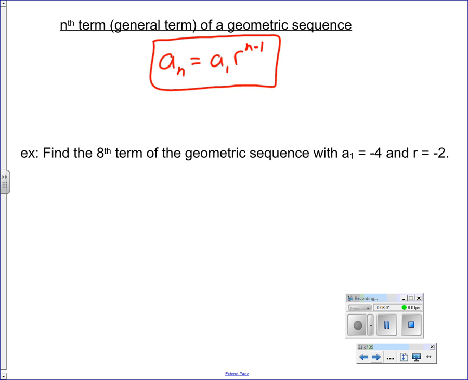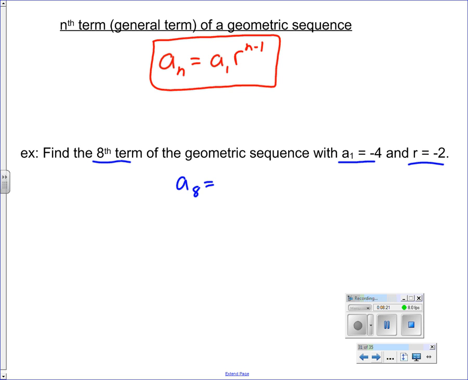Let's go through an example here at the bottom. We want to find the 8th term of a geometric sequence that has first term negative 4, common ratio negative 2. What we do for that is use the formula.